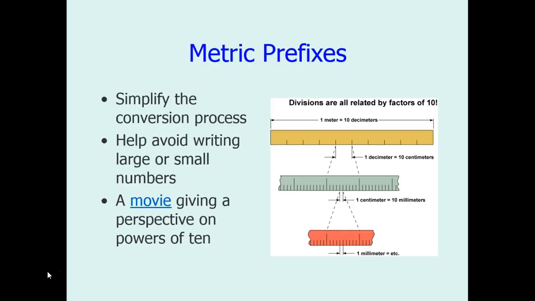A cube. How many centimeters are in a decimeter? 10. 10 centimeters in a decimeter.